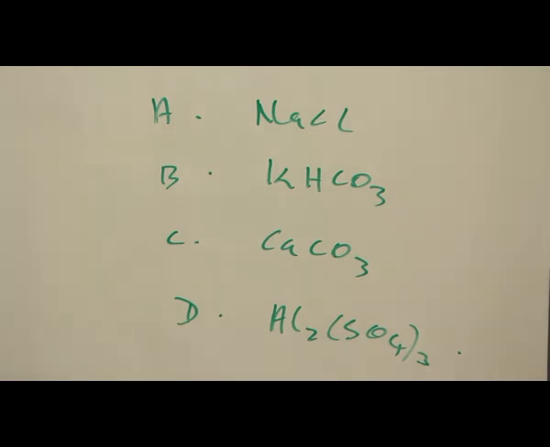Sodium chloride is a normal salt because acid salts normally have replaceable hydrogen ions. B. Potassium hydrogen trioxocarbonate 4. Yes, it is an acid salt because it has a replaceable hydrogen ion, as can be seen on the board. C is a normal salt. It has no replaceable hydrogen ion. Also, D is a normal salt. It has no replaceable hydrogen ion. And consequently, the correct answer is B.